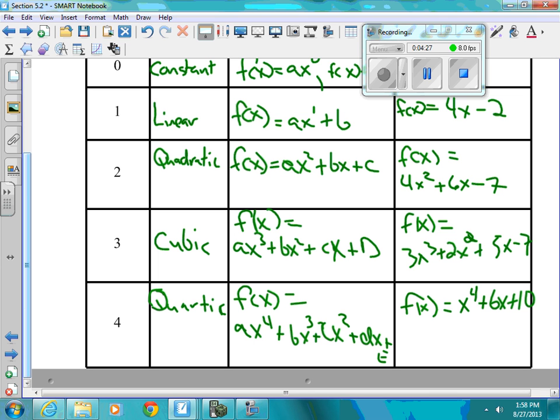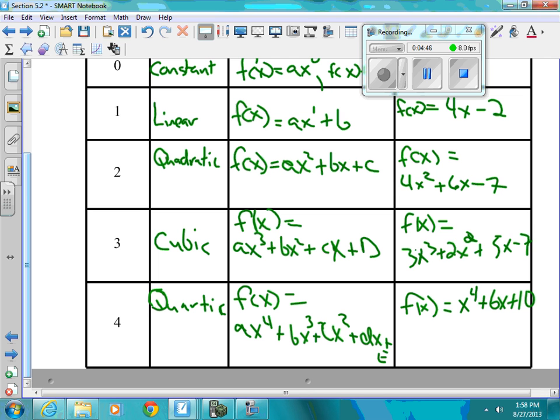For example, f of x equals 3x cubed plus 2x squared plus 5x minus 7. Now, to be a cubic, we don't need to have the x squared or the x or even the constant, the d, but you do need an x to the third power. So if it was just f of x equals 3x to the third, that would also be a cubic function.